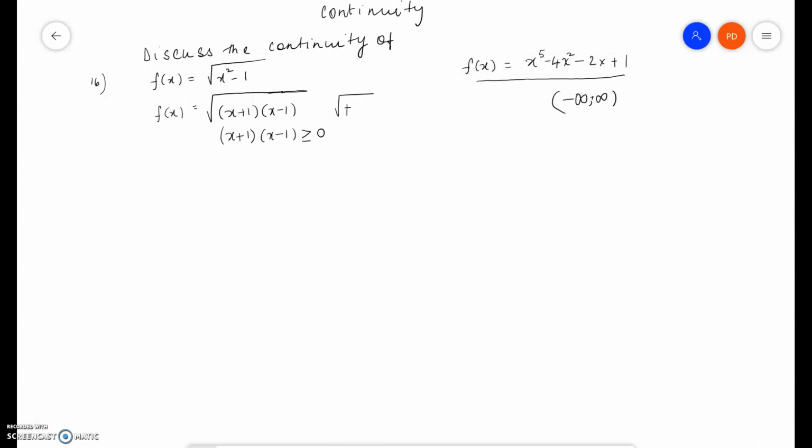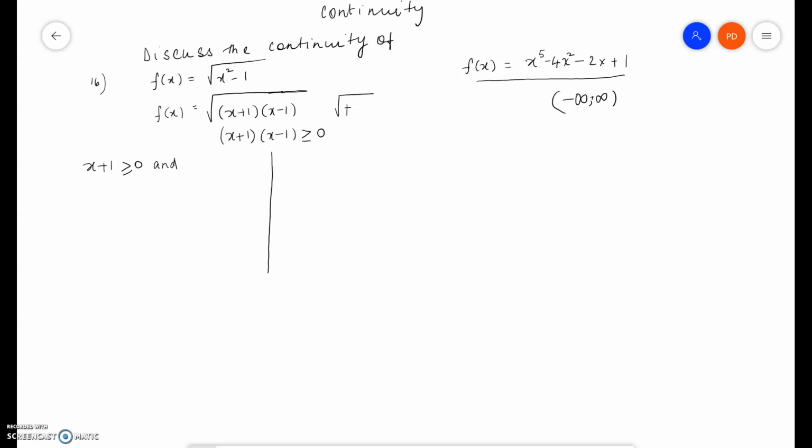Now, let's think about it. This is a product of two numbers, x plus 1 and x minus 1, and we need to make sure it's greater than or equal to 0. So there are two cases we need to consider. First, that x plus 1 is positive or equal to 0.